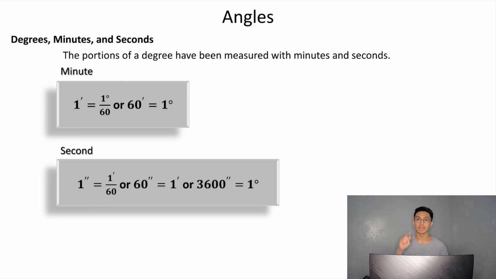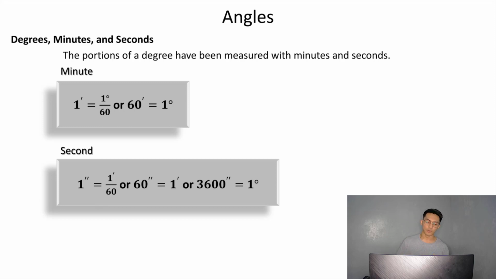Pagka second naman, dalawang apostrophe. 1 second is equal to 1 minute over 60 seconds, or 60 seconds is equal to 1 minute. Or another, finally, we have 3,600 seconds is equivalent to 1 degree in terms of degree.